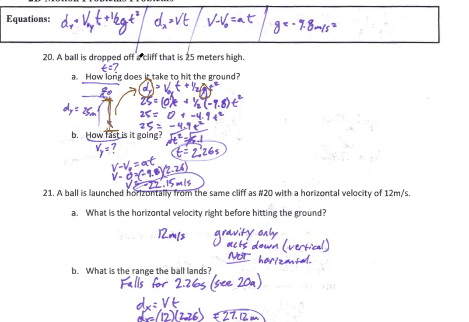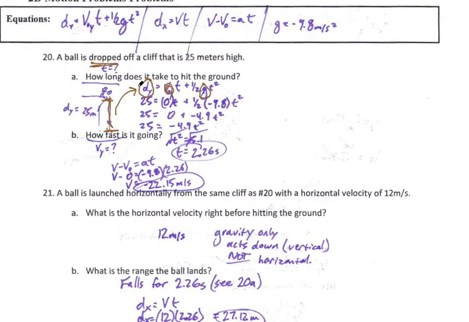It doesn't tell me in the formula or in the problem, but it is implied, right? I'm just dropping the ball. Well, if I'm just dropping the ball, I'm not throwing it down forcefully. I'm just starting it from zero, right? Starting in my hands, I let go, it ends up falling. So that's going to be 0, and then I can solve for my time.